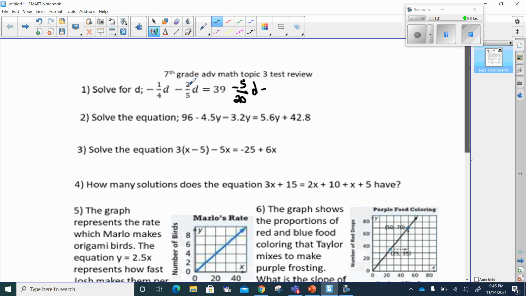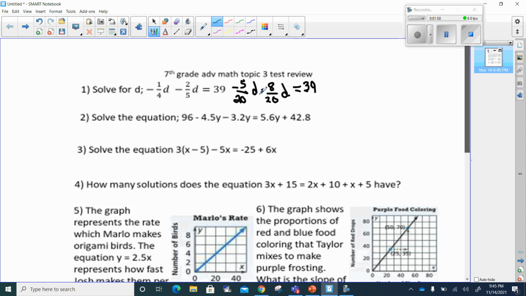So negative 2 times 4 will be a negative 8, and 4 times 5, of course, will give me 20. Now I have negative 8 over 20 D. As we can see now, my denominators are the same.